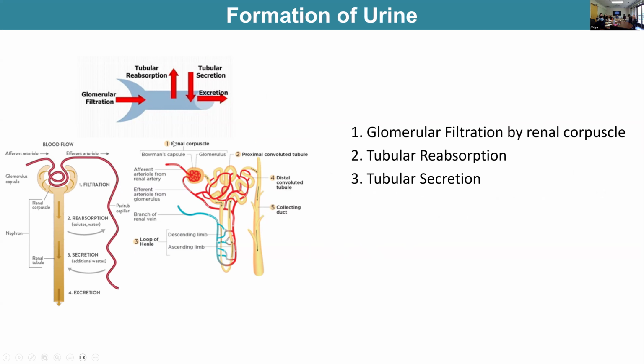And then all along the tubular system, tubular secretion also happens. Since we have this vasa recta, the vasculature and the tubule interact. Even from the blood, toxic substances or drugs are secreted inside the tubule, and together they are excreted. And the final step is urine excretion.